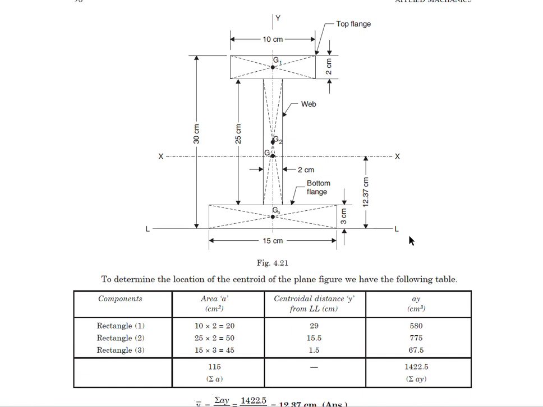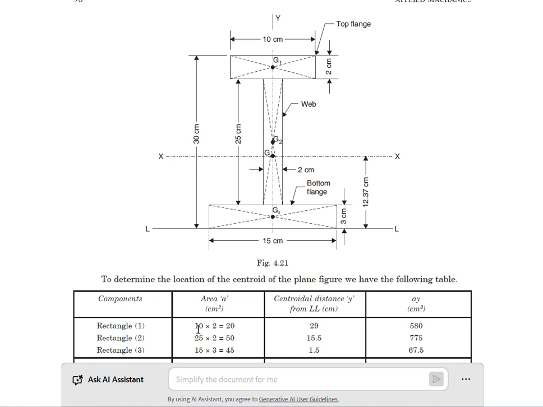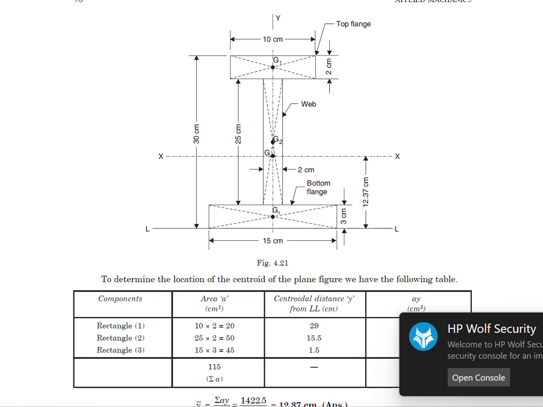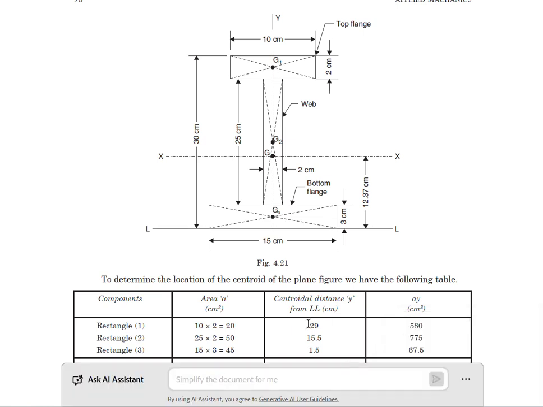Let us first take the top area, which is 10 into 2. So rectangle 1 is 10 into 2. Then its centroidal distance, you can see, is 3 plus 25 plus half of this, so 28 plus 1, 29. Okay, and this is recorded over here.